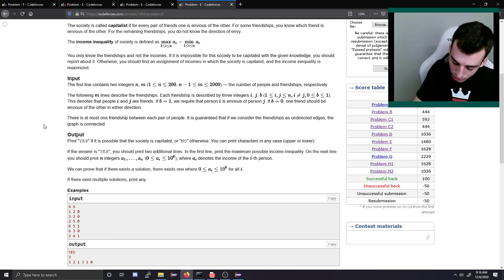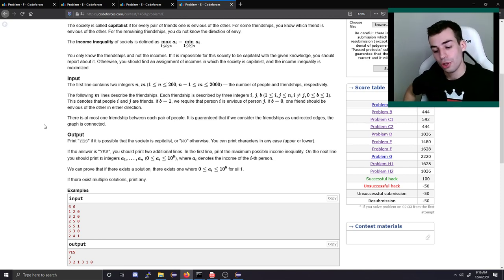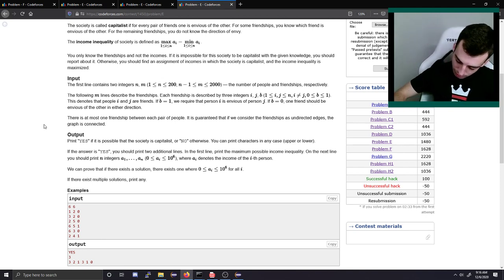So we pick some node, or we find an edge. Yeah, pick the wrong part of an edge. Pick wrong edge dot from. Currently bigger.